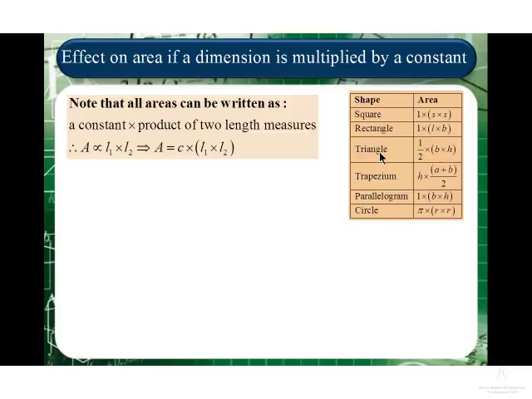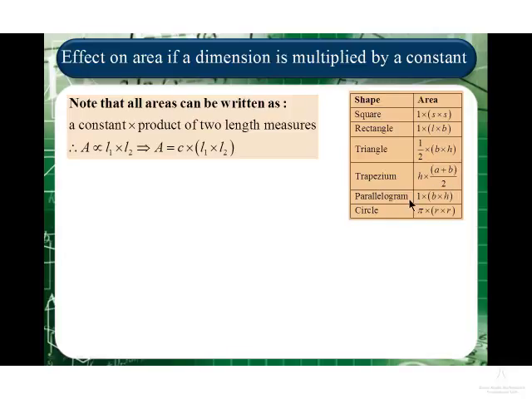For a triangle, we're looking at the constant 1/2 times, in this case, the base length and the height as the other length measure. For a trapezium, we're looking at 1 times the distance h between the two parallel lines or parallel sides times the average of the side lengths of the parallel sides.